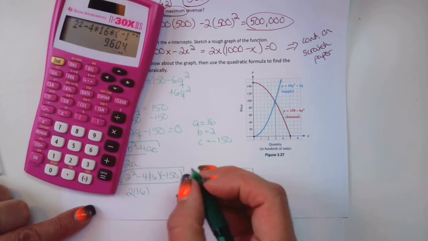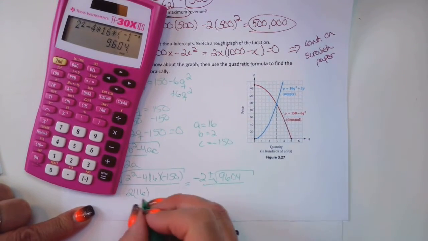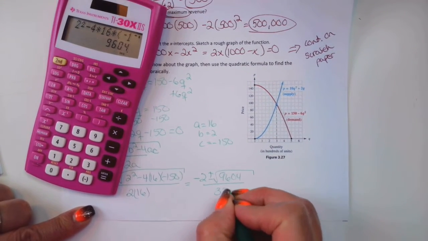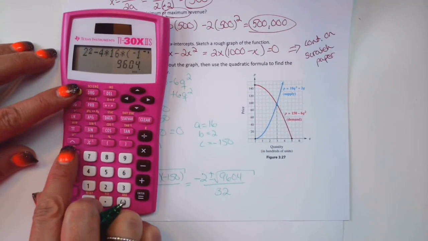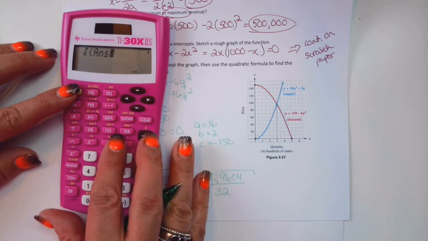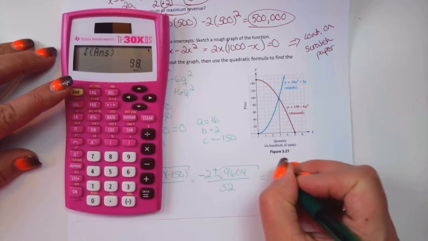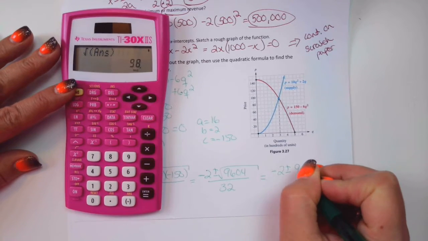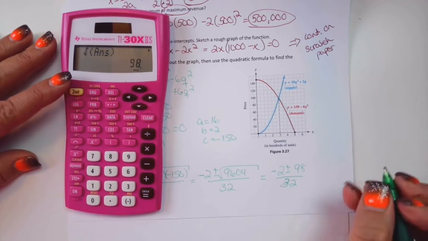So that is 9,604, divided by 2 times 16, which is 32. So let's see, the square root of 9604 is 98. So we have negative 2 plus minus 98, divided by 32.